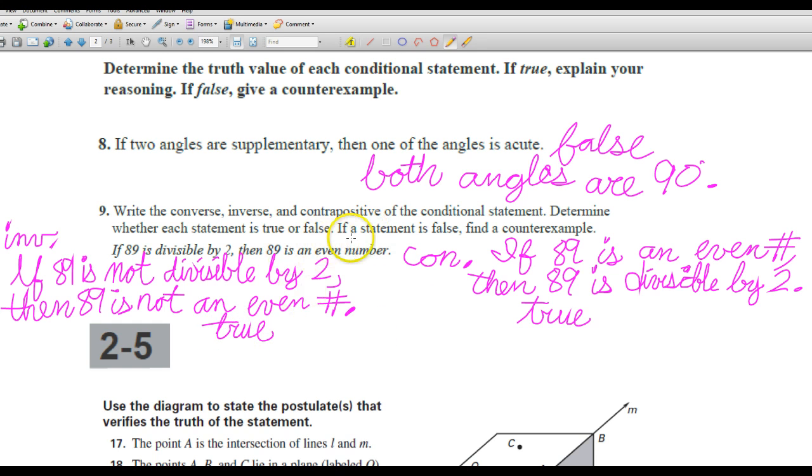And then we need one more. We need the contrapositive. So the contrapositive is when you do both. So you switch it around and you negate.